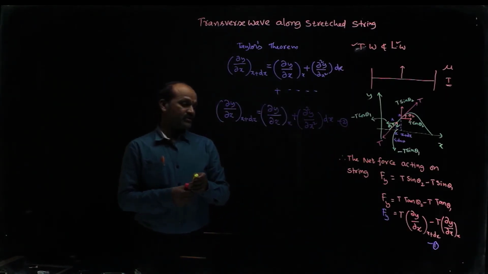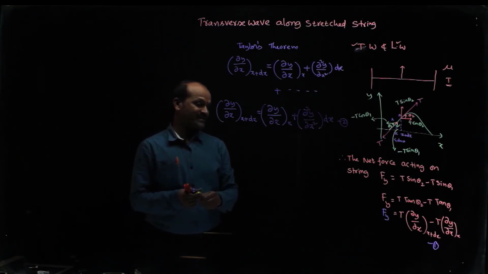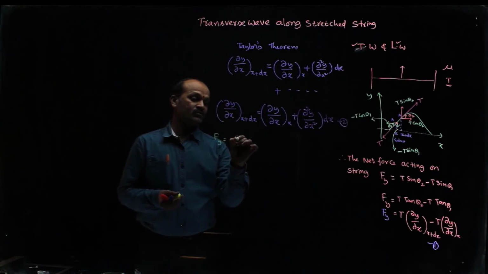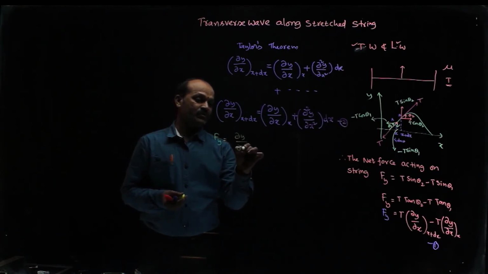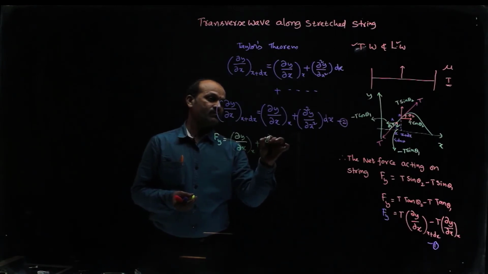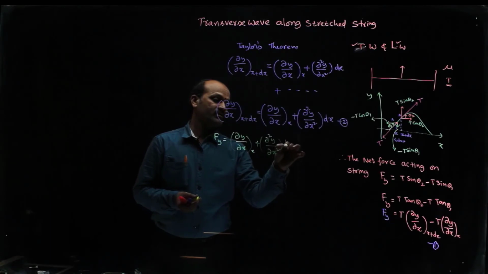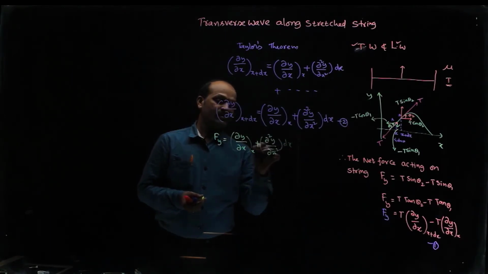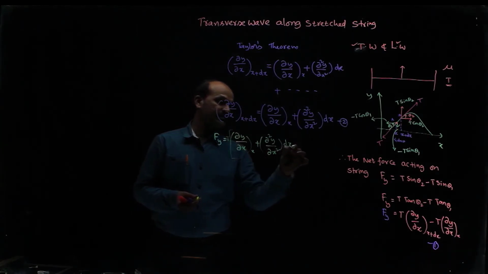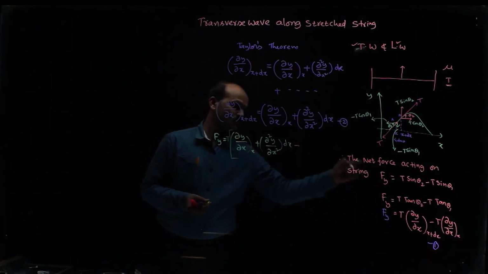When you substitute that, we get Fy is equal to dou y by dou x at x plus dou square y by dou x square dx, into T, taking T common in the brackets, minus dou y by dou x at x.